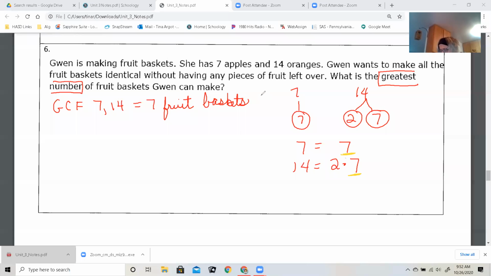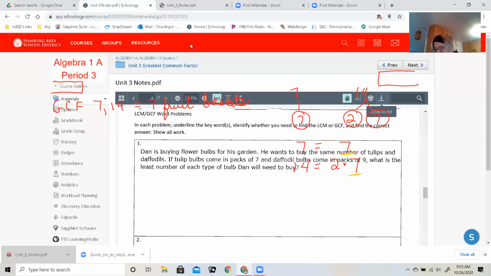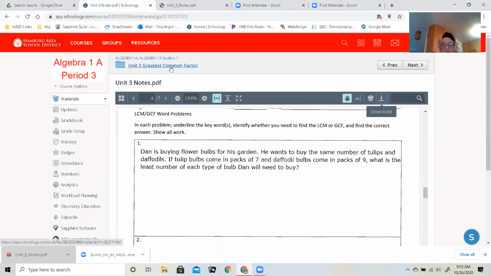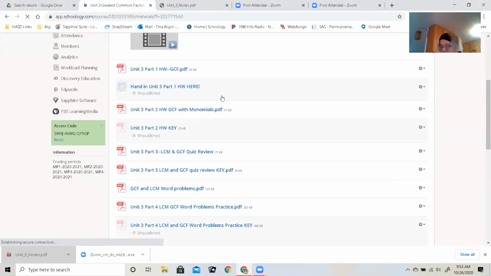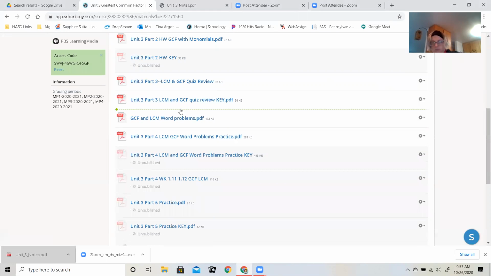Mrs. Argot, do you have on there the Unit 3 Part 4 homework on Schoology? The one with the GCF and LCM word problems? This one?